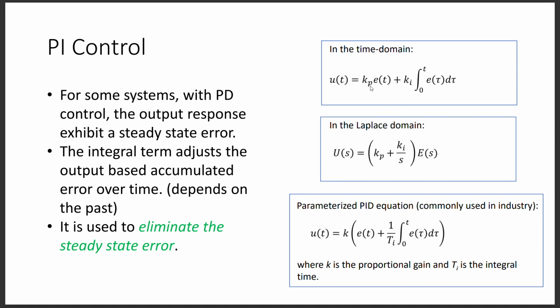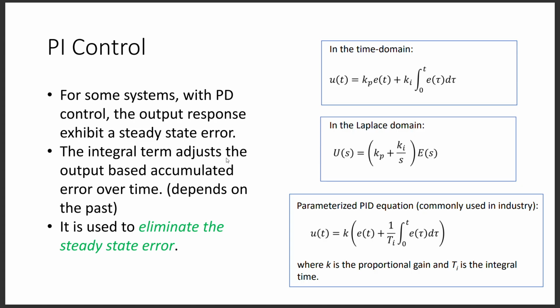The proportional control sees it, but isn't going to change the value because it's a constant gain. The derivative doesn't see it because you have a constant value. The derivative is 0. But the integral would amplify the error the more you wait. So integral can see a constant value if you wait enough. It's going to make it bigger and bigger.